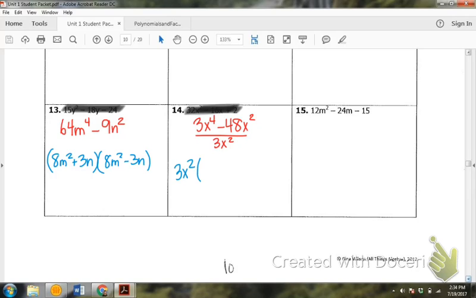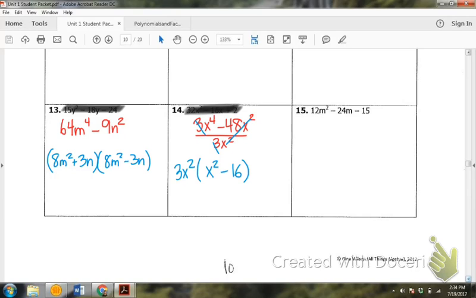So that leaves me with x squared, right? Because the 3's cancel. And then 48 divided by 3 is what? 16. So I have minus 16. And the x squareds are gone there. Now are we finished? Nope. Because we can do x squared minus 16, right? We can factor that.